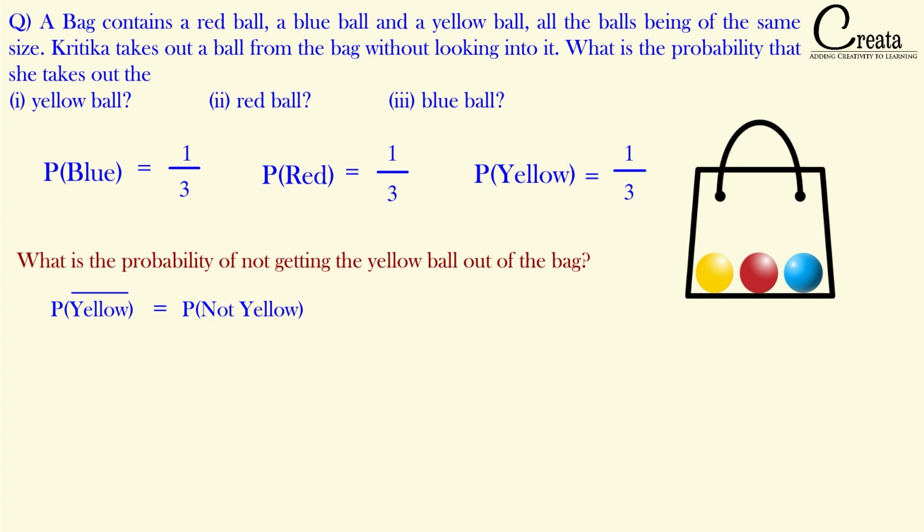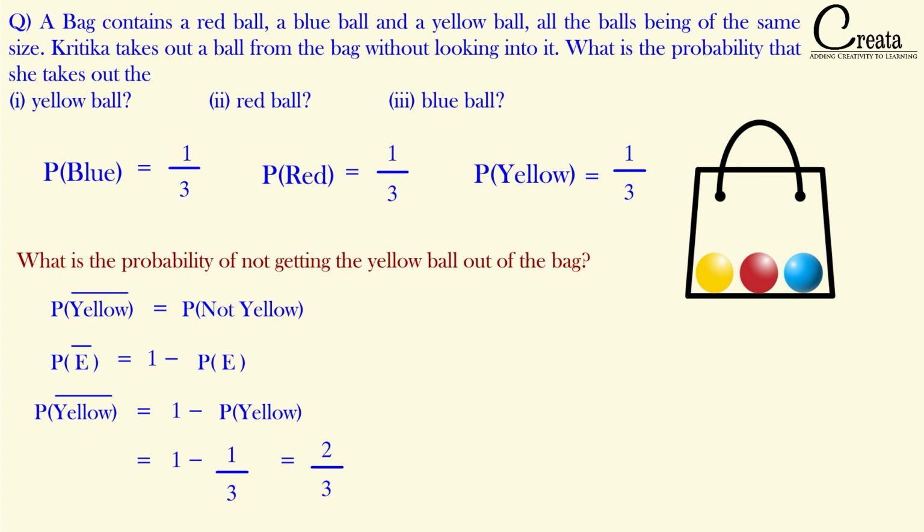That is P E bar, P yellow bar, which is equal to 1 minus P E, that is 1 minus probability of happening of the event, which is 1 minus 1 by 3. The same we have just calculated. So we got our answer as 2 by 3. That is, the probability of not getting the yellow ball out of the bag is 2 by 3.